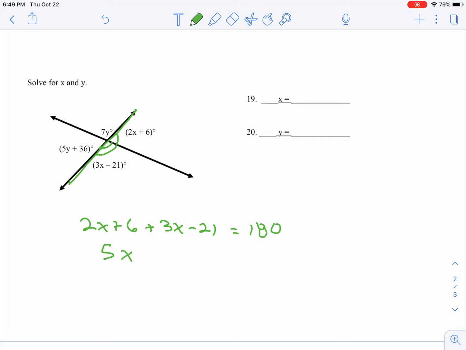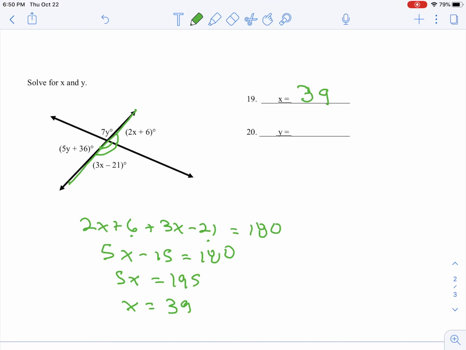Now we combine like terms, and we combine constants, the 6 and the negative 21, to get 5x minus 15 equals 180. Now we add 15, and we get 5x equals 195, and then x equals 39.